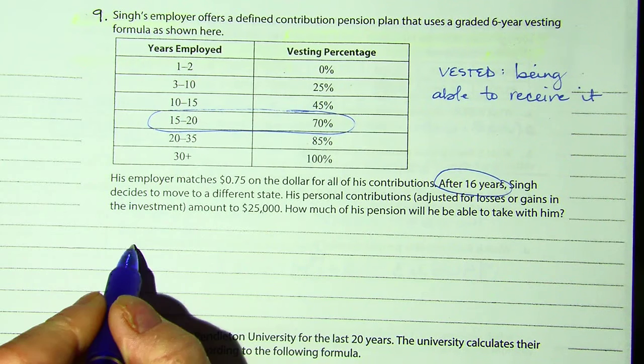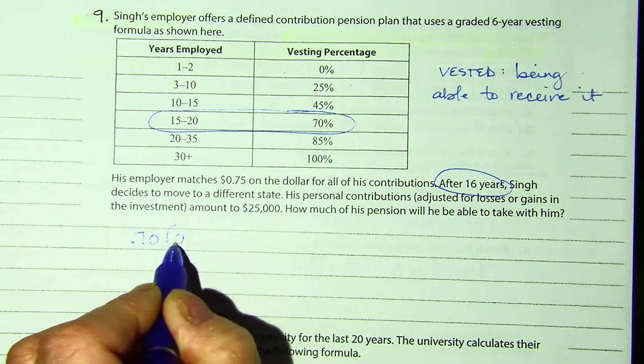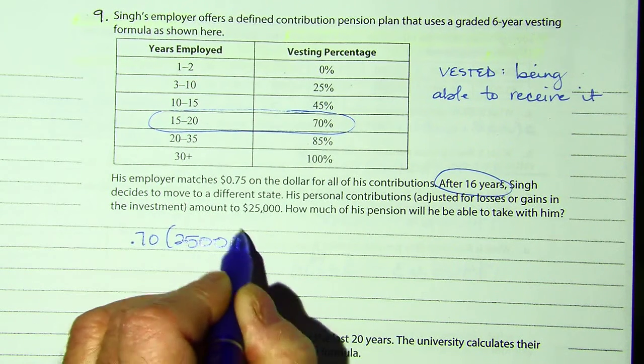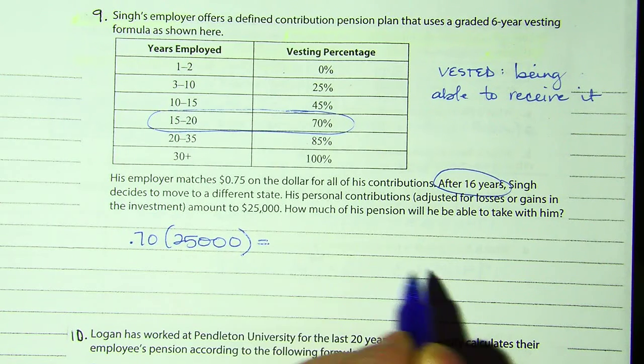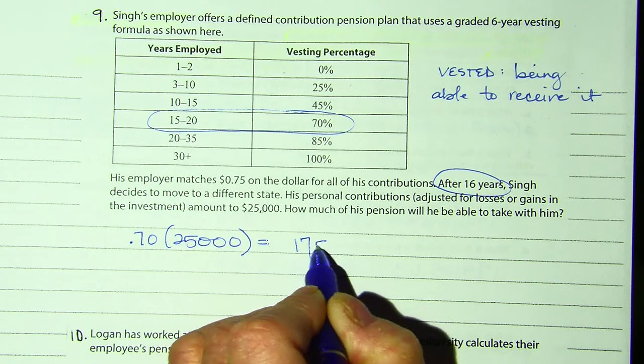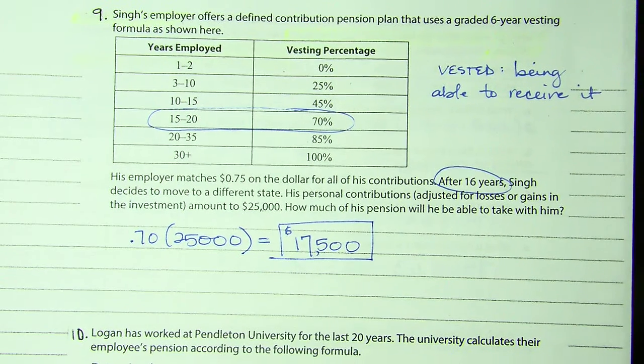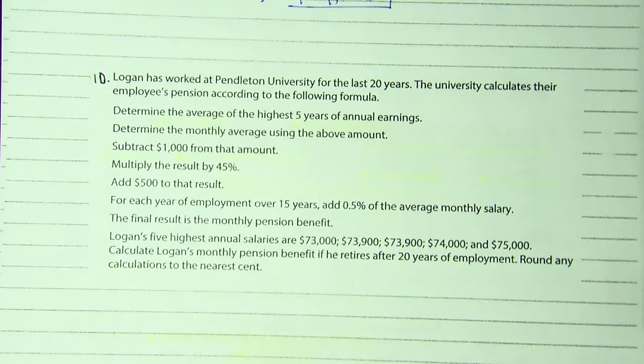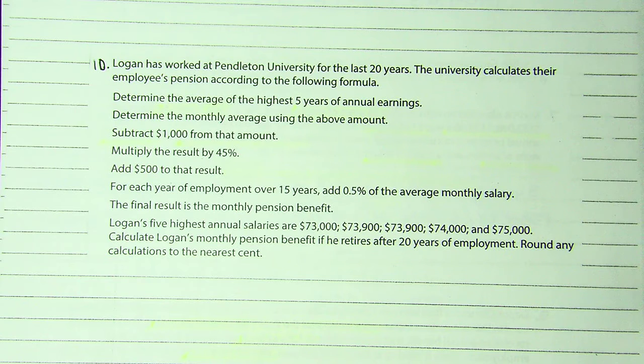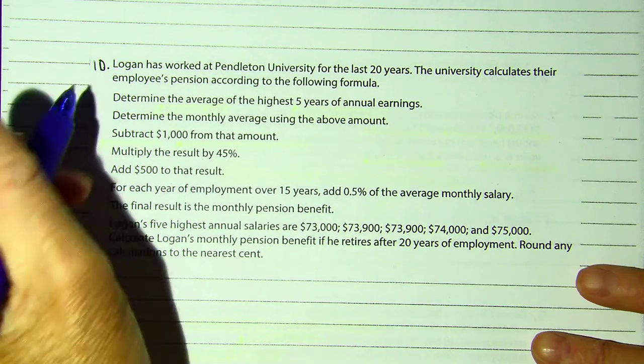And so he only gets 70% of the 25,000, which is 17,500. He had not worked long enough to receive 100% of it. All right. So last one, and we're literally going to do one at a time.